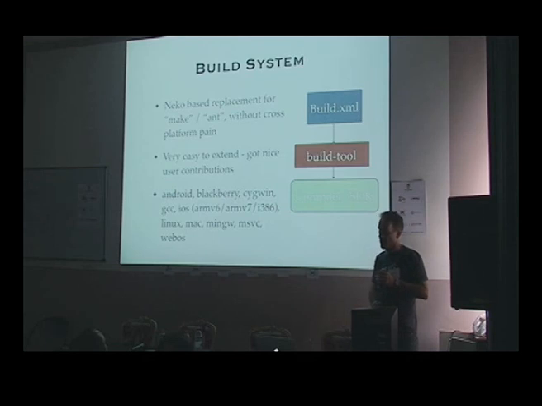So the build system is responsible for taking all your files and combining them with your compiler or SDK, and generating the executable. So in a lot of ways, it's like a make system or the Ant build system, but because it uses Neko, which comes with every Haxe install, I can be pretty sure that no one is going to have to run off and go, oh, well, I need to install Neko now to get this to work.